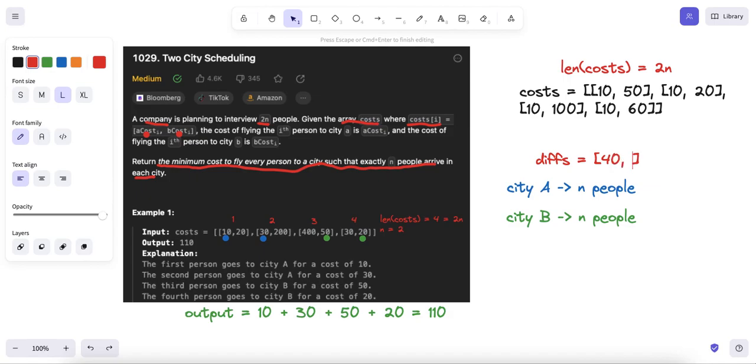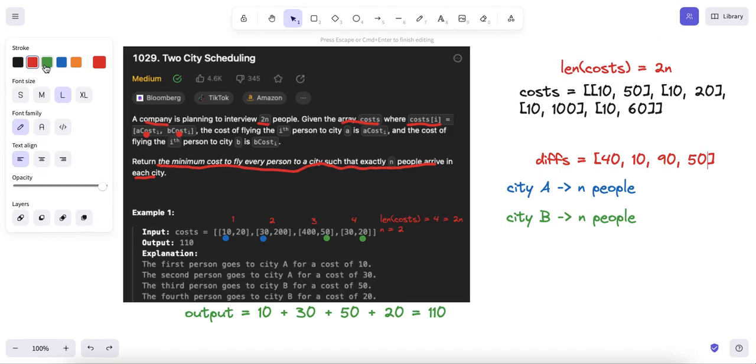For the next person, we have 20 minus 10, which equals 10, and we store that in the array as well. 100 minus 10 is equal to 90, and then we have 60 minus 10 for the last individual, which means 50. We know that this differences array basically shows how much money more it would cost to send the individual to city B rather than city A.